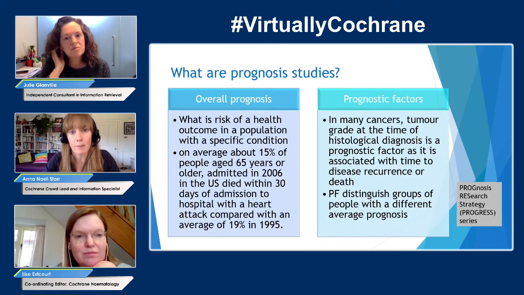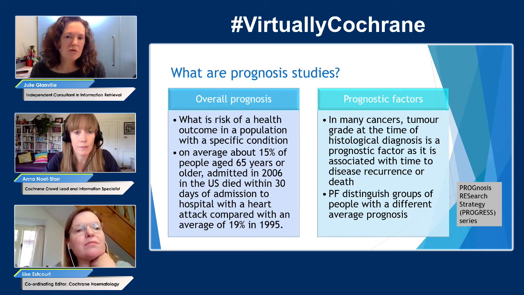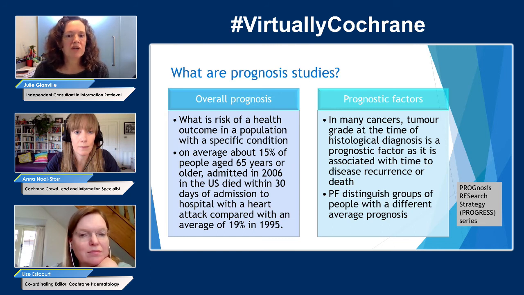So this is some more information about the different prognosis studies. The overall prognosis study type is where we look at the risk of a health outcome in a population with a specific condition. So maybe the number of people who have been admitted into hospital and have died within a certain length of time after having had a heart attack, for example.